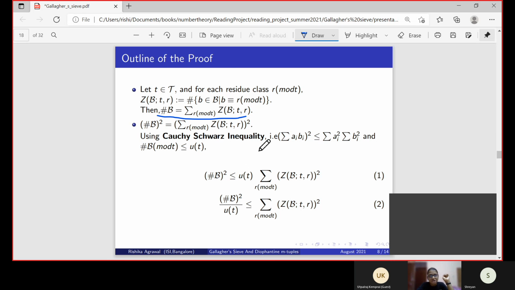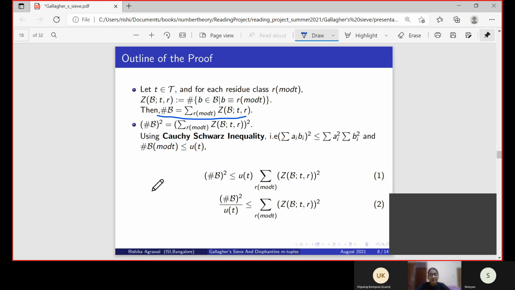And now we use the Cauchy-Schwarz inequality, which I think you all must have seen, specifically in terms of vectors, and this is an easier version of that. The Cauchy-Schwarz inequality is that the summation of a_i b_i, whole squared, is less than or equal to the summation of a_i squared times the summation of b_i squared.